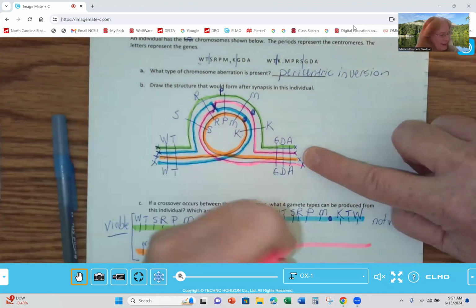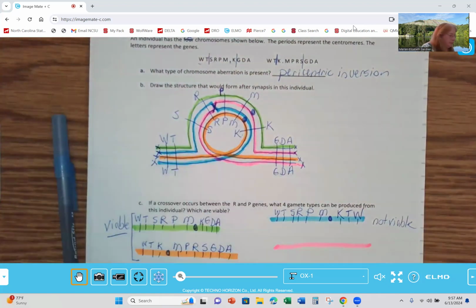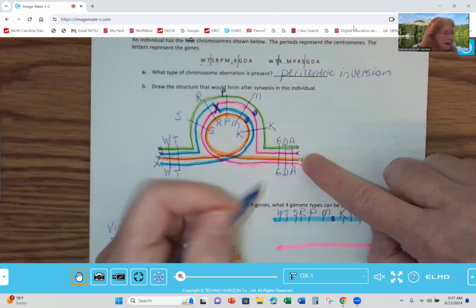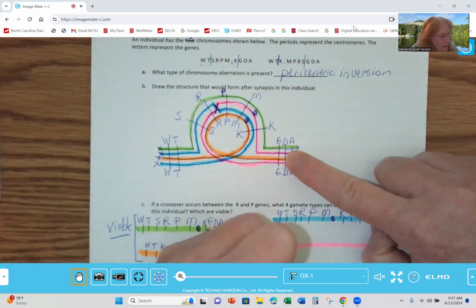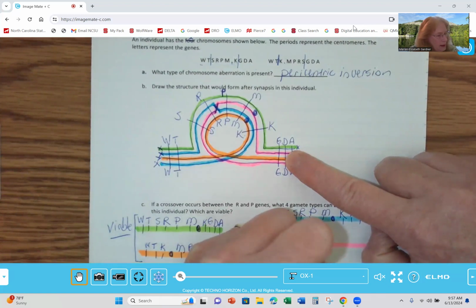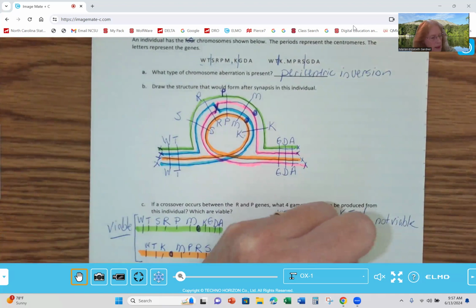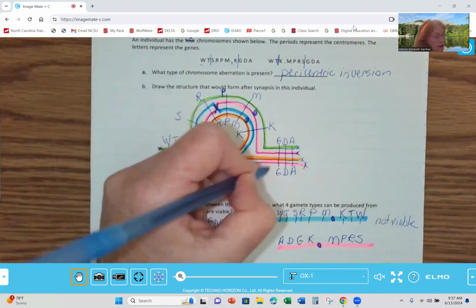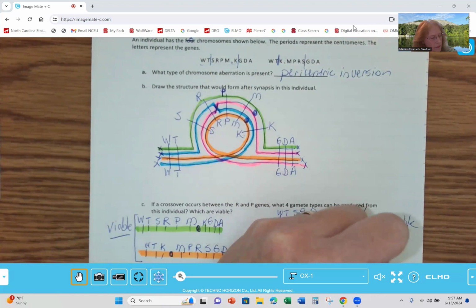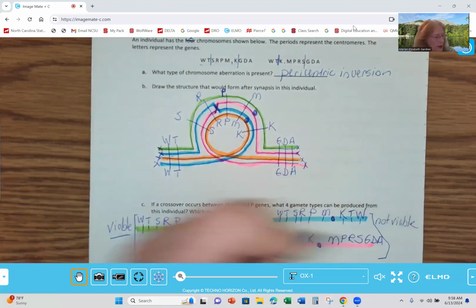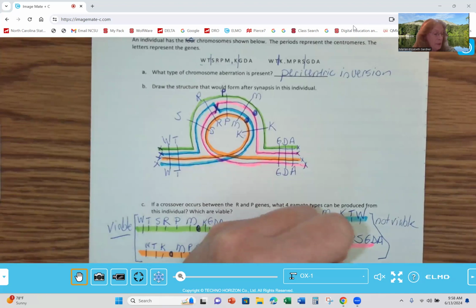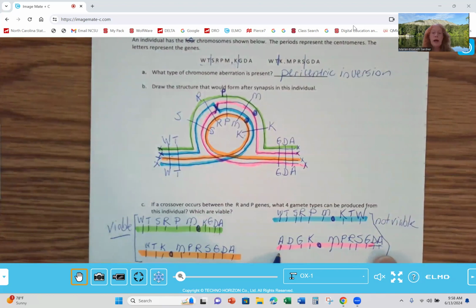Now let's see if I can write this down right. Whoops, not with that color. ADG K centromere M PRS GDA. This is also not a viable gamete. And we know that because it has two copies of the GDA and is missing the WT.